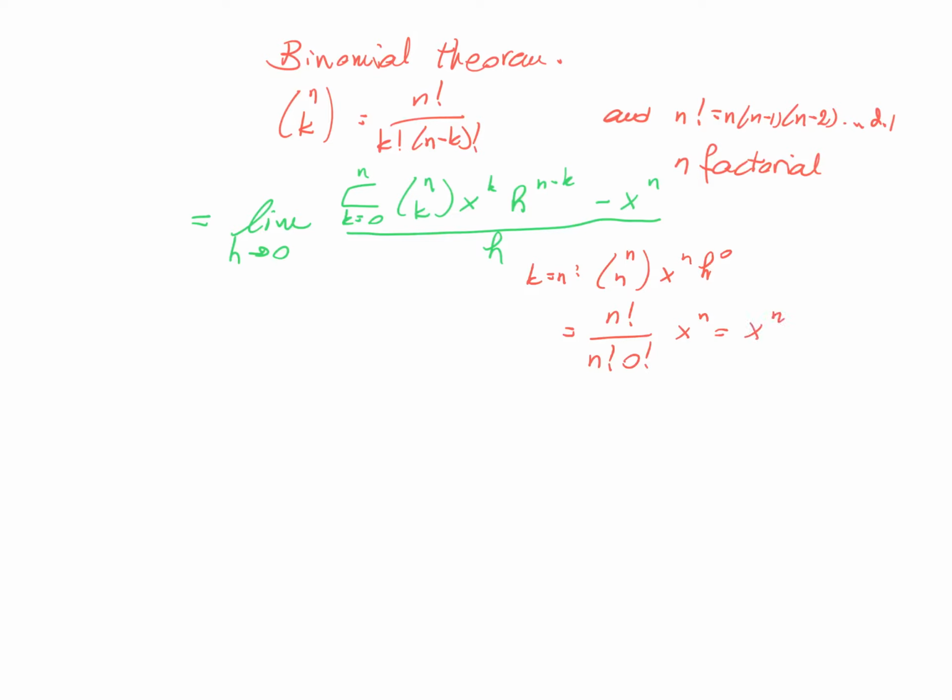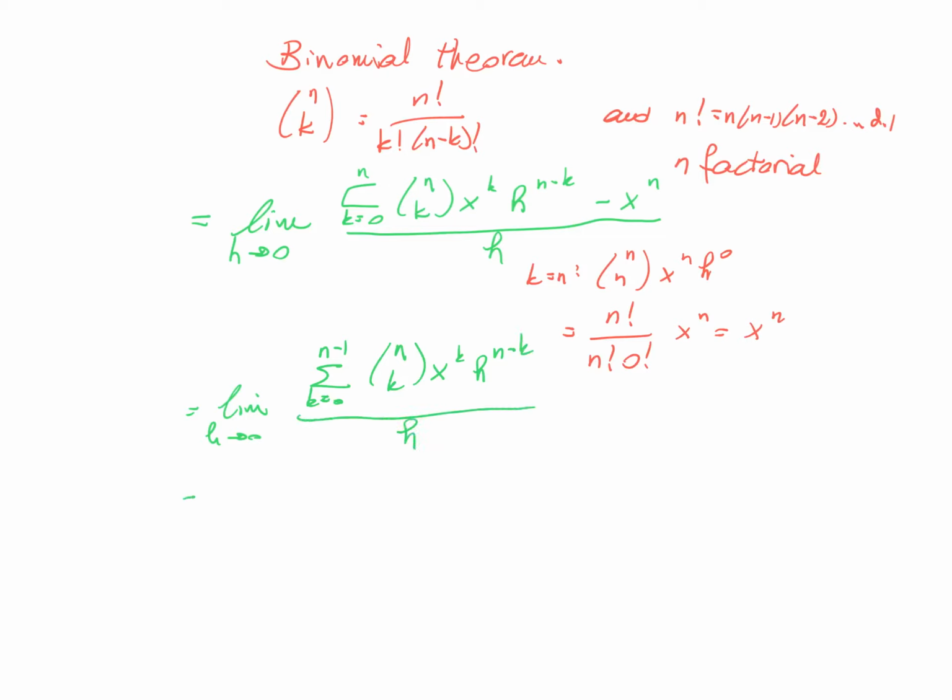So this x to the power n will be cancelled out with the other one, with the minus x to the power n. So what we have is the limit h to 0 of the sum k is 0 to n minus 1, because the last one will be cancelled out, of k out of n, x to the power k, h to the power n minus k, divided by h.